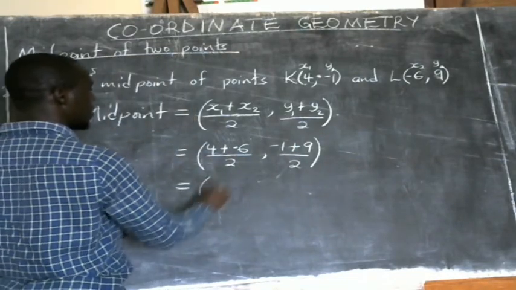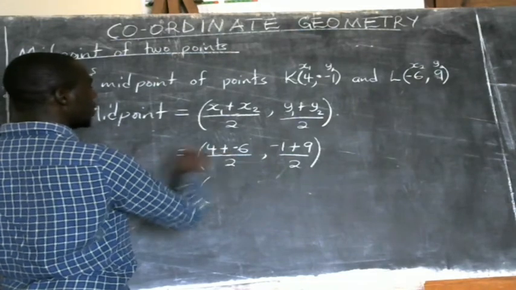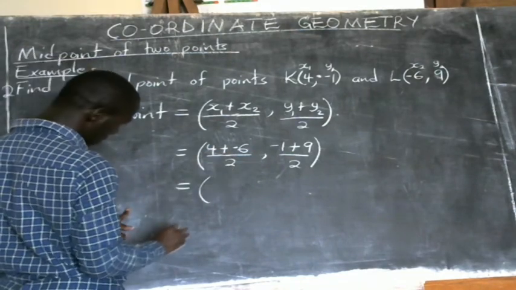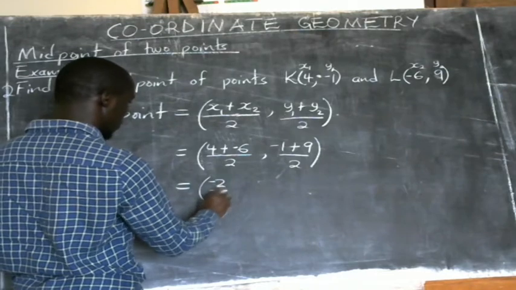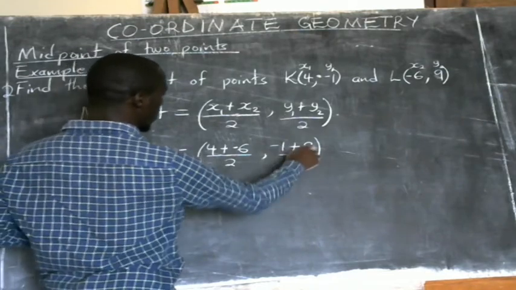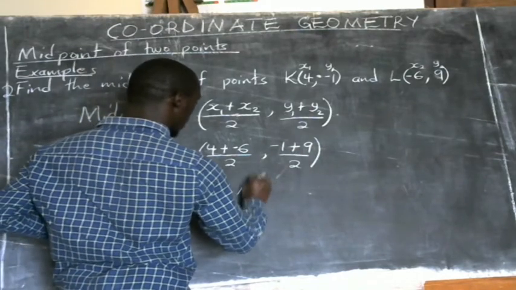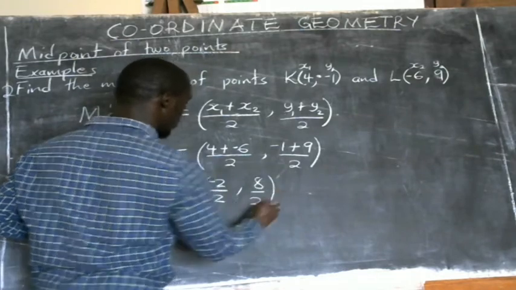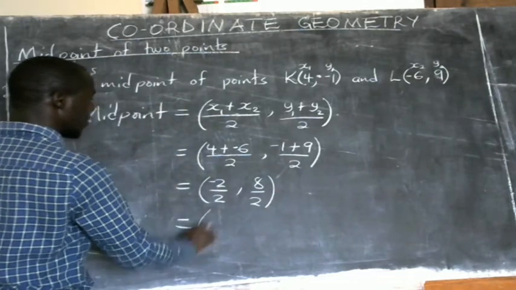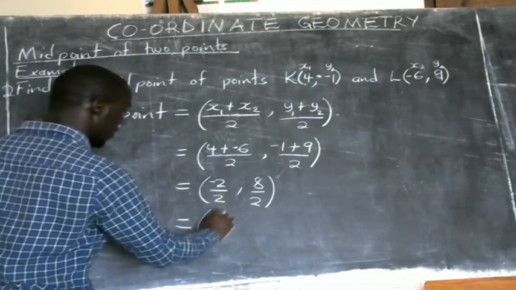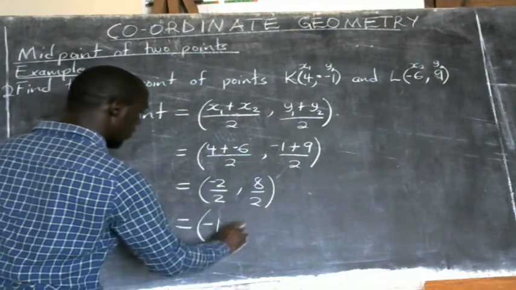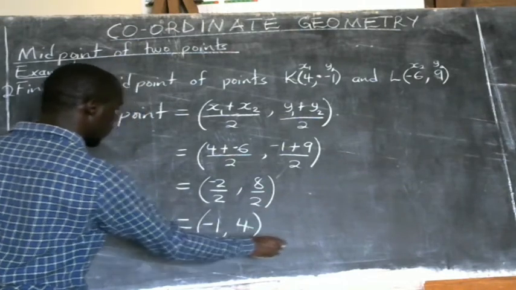When I add in the numerator, I have negative 2 divided by 2, then in the numerator here I have positive 8 divided by 2. Then I end up having negative 1, and then 4.